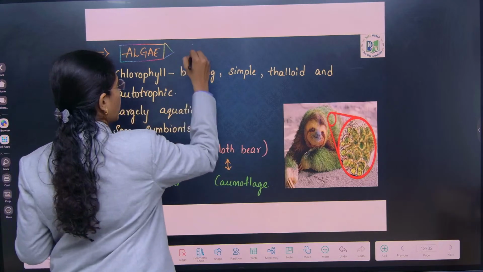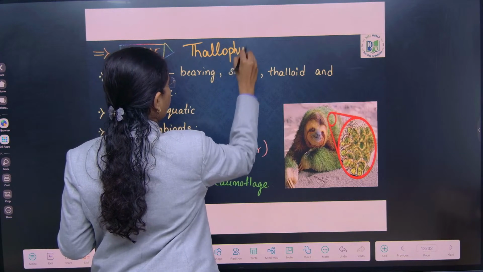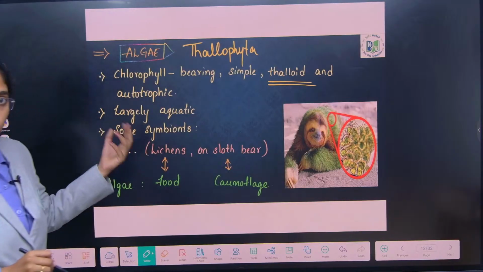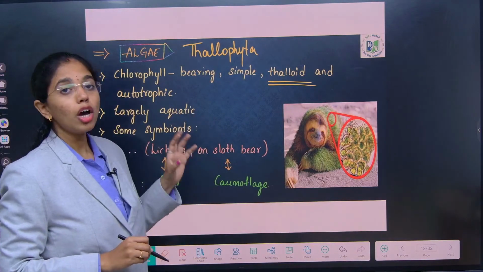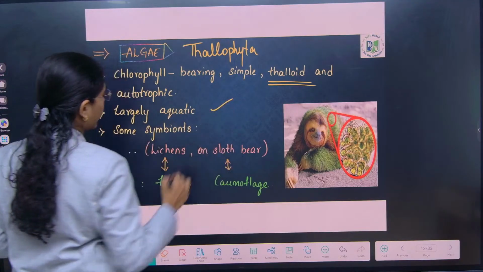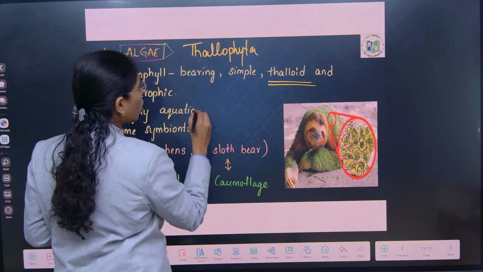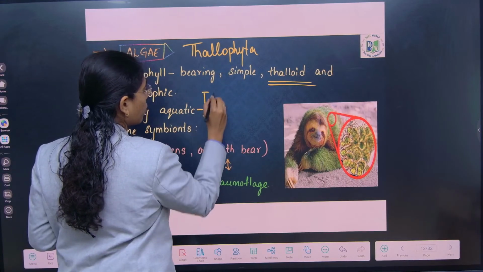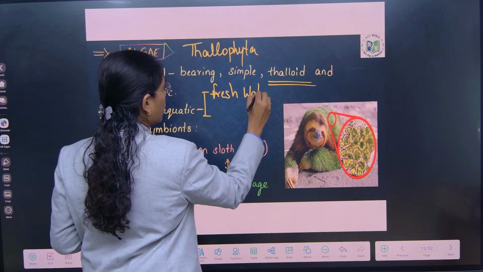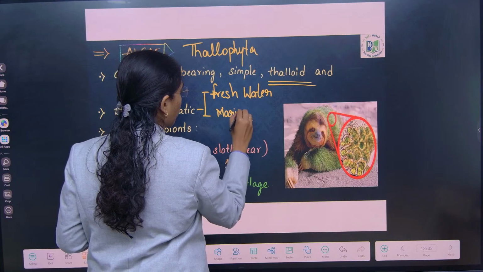That is why this is recognized as Thallophyta, because it is a thalloid type of plant body, which is chlorophyll bearing, simple, thalloid and autotrophic. These are largely aquatic, which includes both freshwater and marine water habitat.